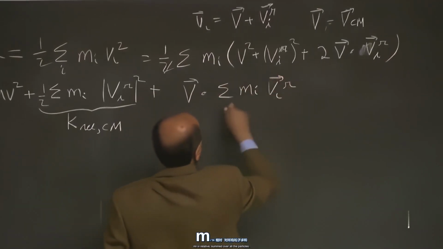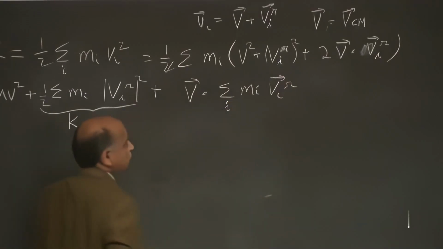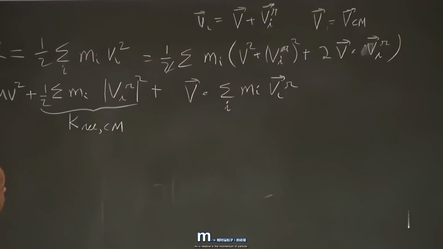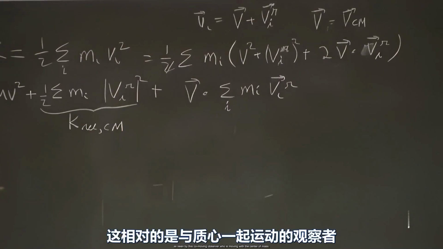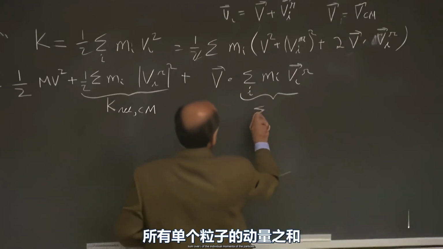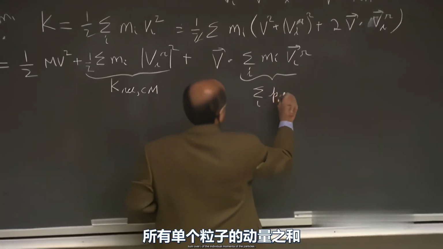Mi Vi relative, summed over all the particles. Mi Vi relative is the momentum of particle i as seen by this co-moving observer who is moving with the center of mass. So this term is really the sum over i of the individual momenta of the particles.